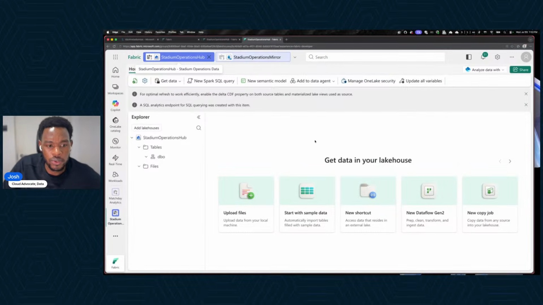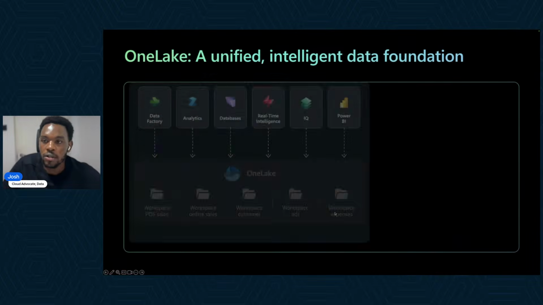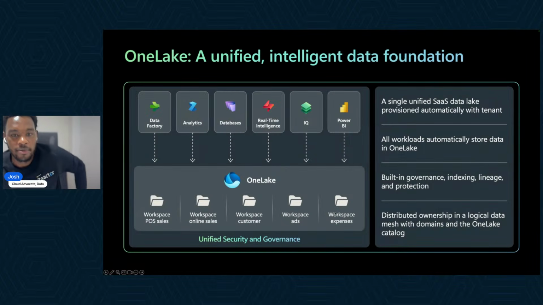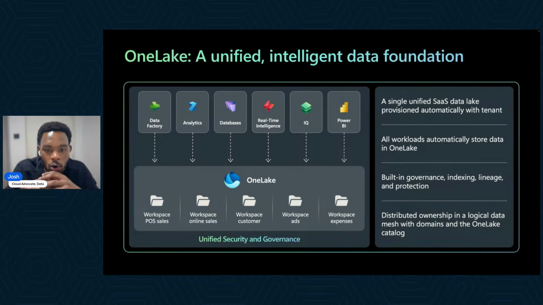Now, to get started, when you think about OneLake, at its core, OneLake is a single unified SaaS data lake that is automatically provisioned for you within your Microsoft Fabric tenant. So when you think about OneLake, you do not need to have any setup or any provisioning or additional infrastructure for you to set up.